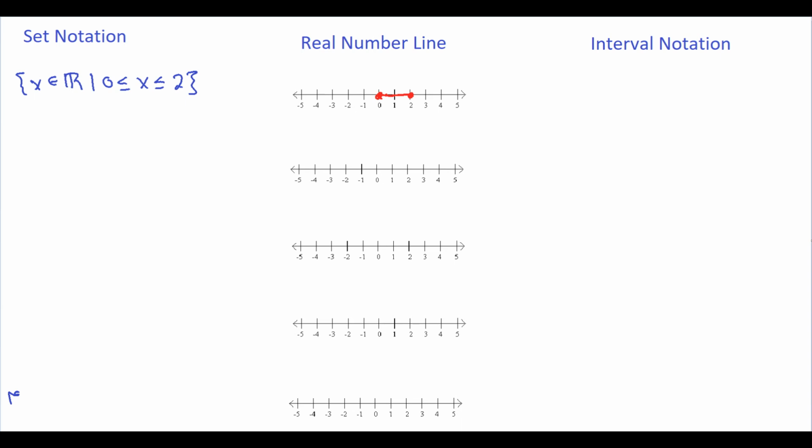And in interval notation, I would write that with closed brackets 0 to 2.